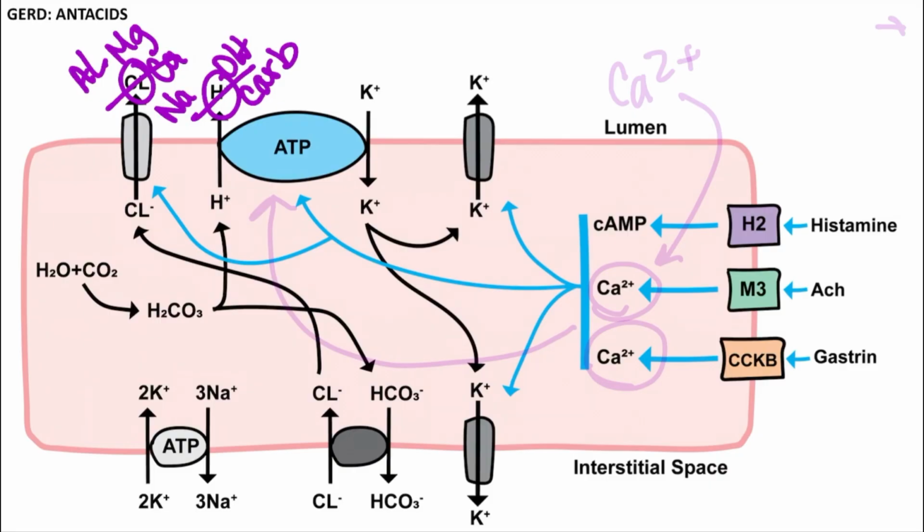So in general, these agents are pretty well tolerated. There are some considerations. One component can be the sodium bicarb, which is very effective, but it can easily be absorbed and cause acid-base and electrolyte imbalances, which is particularly concerning with renal and cardiovascular disease. Another example would be calcium carbonate, which is rapid and effective, but it can cause rebound acid secretion.